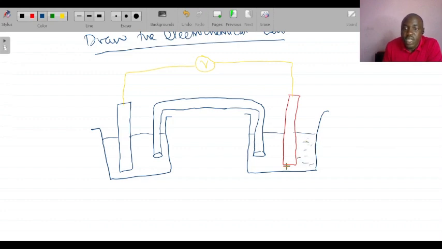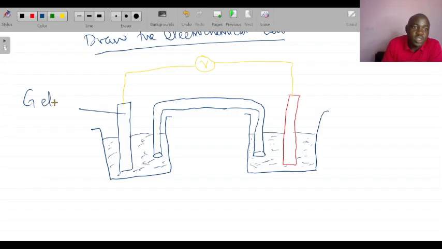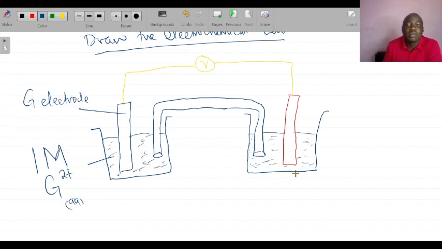So this is our electrolyte. And remember, the first question was asking which are the standard conditions. So if we are going to have this as our G electrode, our G must be dipped in a 1 molar solution containing G ions.